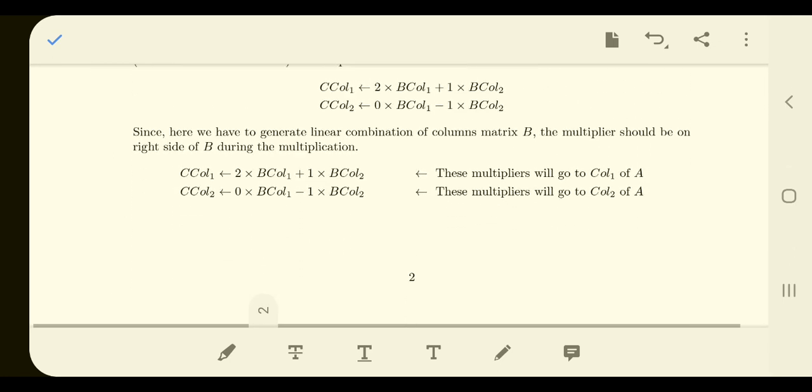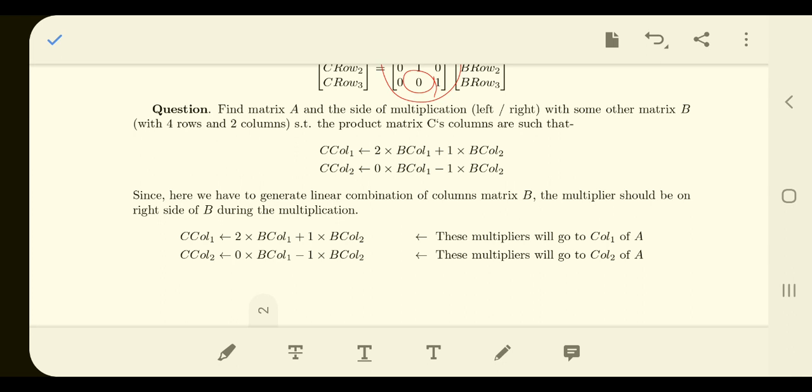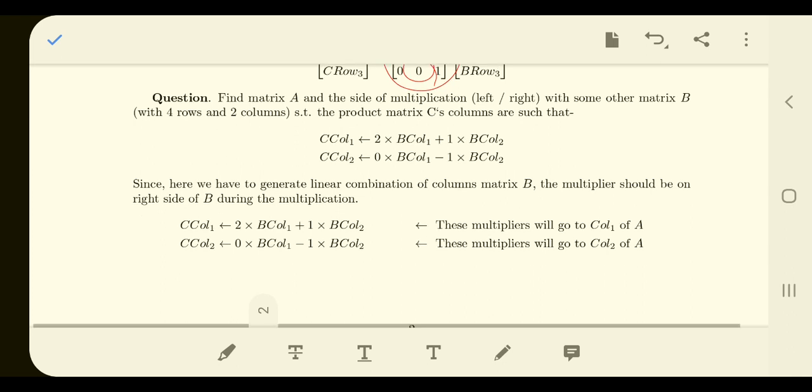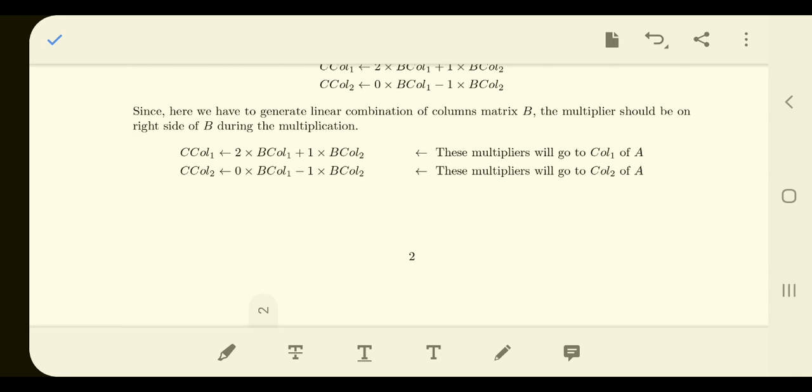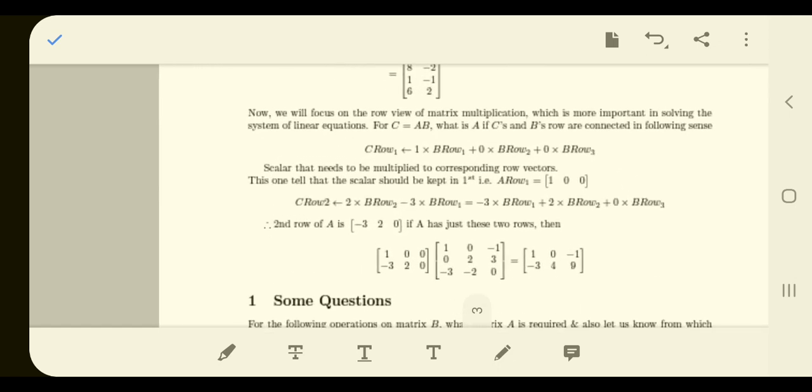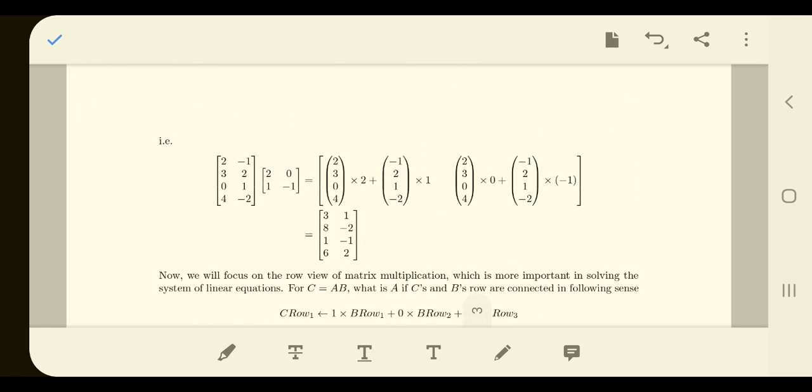So you can see here you have another question where you need to generate two columns from the columns of B. Here we have multiple rows and we have two columns, and that's how we are able to generate again two columns, because the multipliers are supplied from two different columns.